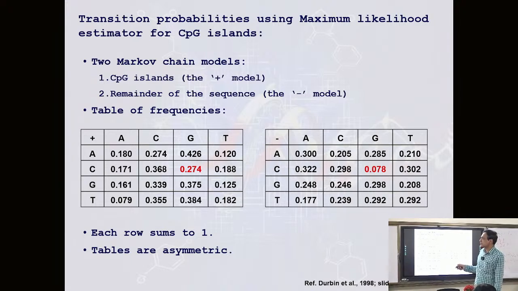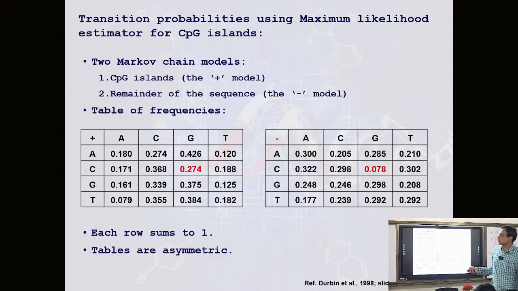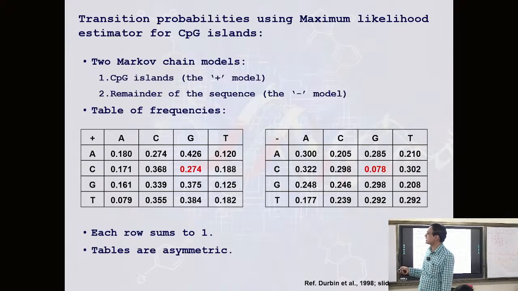Okay, so let us look at the model of CpG island. This is indicated by plus, and this is the model for non-CpG island indicated by minus. Okay? And these are transition probabilities. So, this is the probability of A given A. This is the probability of C given A, probability of G given A, probability of T given A. Okay?